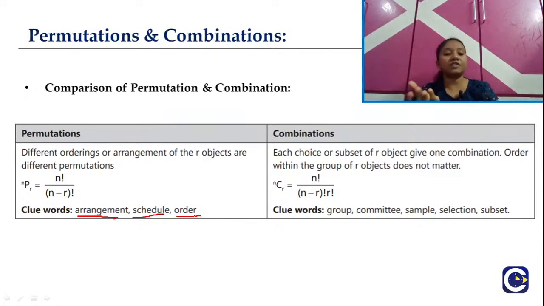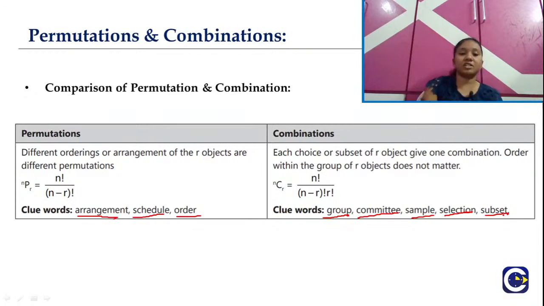Whenever you see words like arrangement, schedule and order, these clue words trigger permutations. In a similar way, there are a few clue words which trigger combinations, which are group, committee, sample, selection, subset.